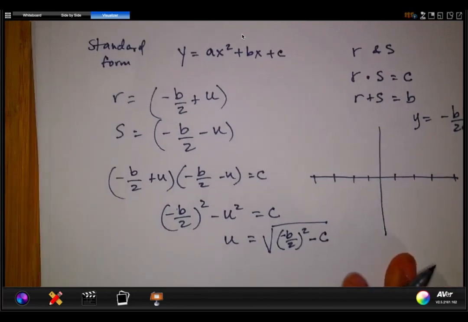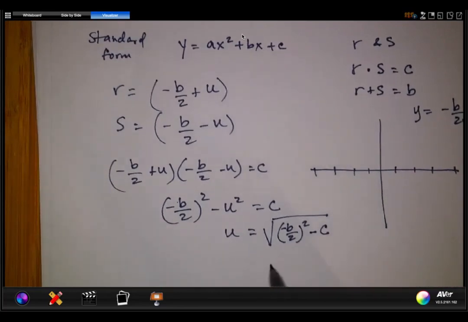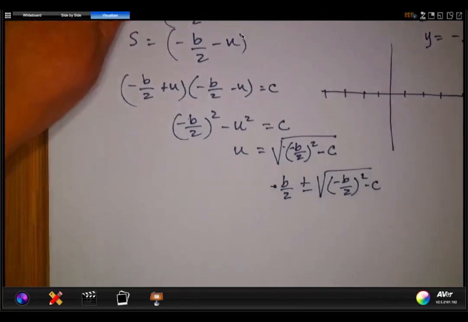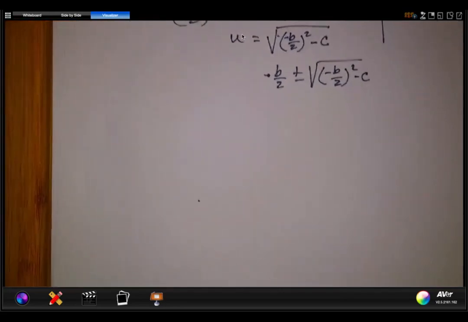So the two solutions will be negative b over 2, which is the axis of symmetry, plus or minus this distance u, where u is the square root of (negative b over 2) squared minus c. It looks a lot more complicated than it really is, so let's look at an example.